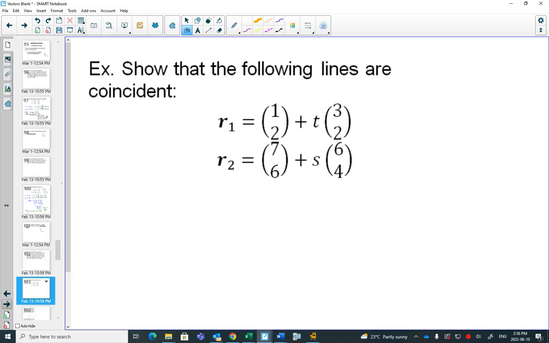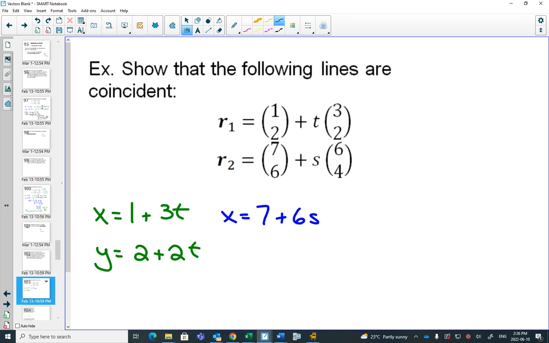From here, we can write our parametric equations. From the first equation, x would be 1 plus 3t, and y would be 2 plus 2t. And our second equation, x would be 7 plus 6s, and the y coordinates would be 6 plus 4s.